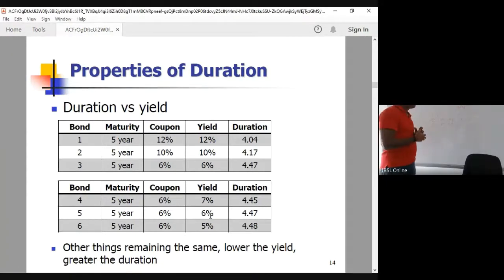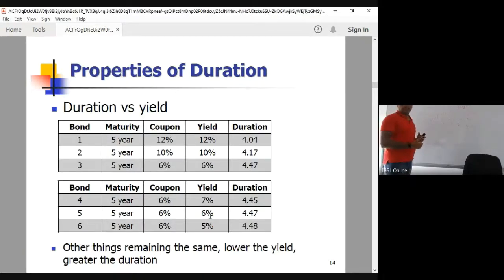So when you buy a bond, let's say at 10%, and at that point you calculate the duration, you get a certain value. So for a 5-year bond, in this case, the yield is 6% and the coupon is also 6%, then your duration is 4.47.